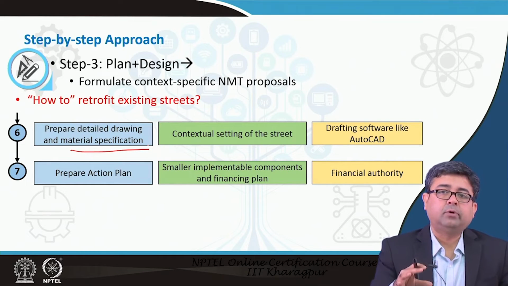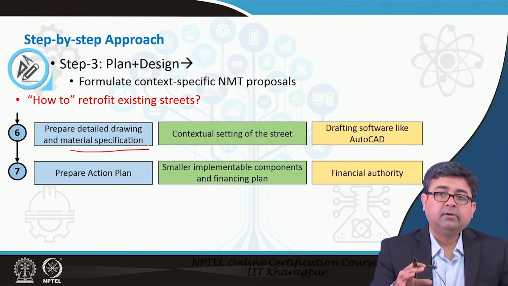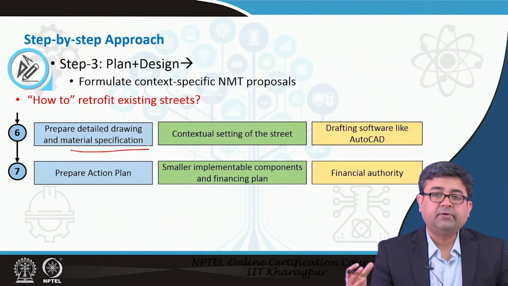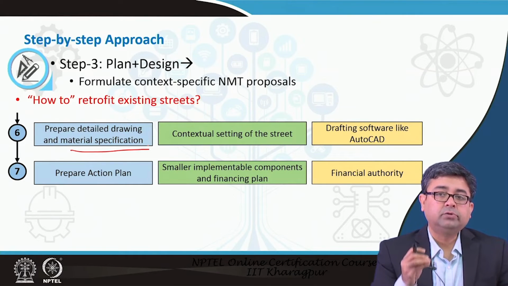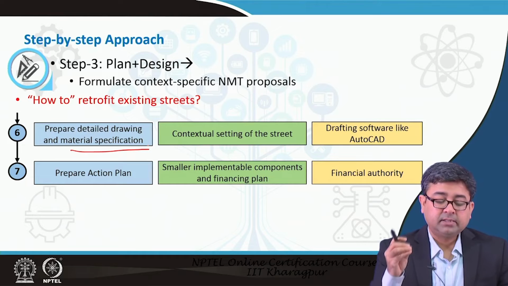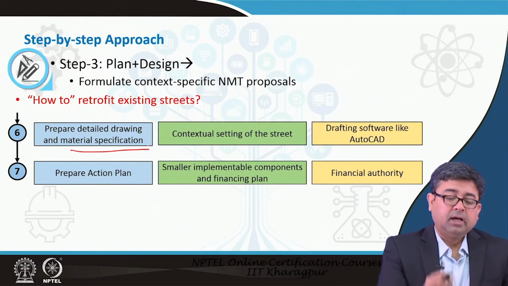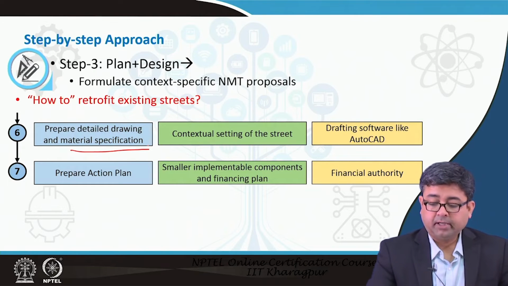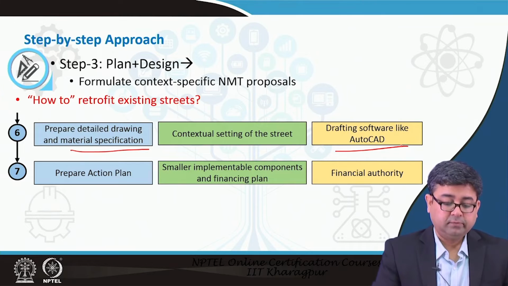Bicyclists are more likely to favor a surface that is similar to where the motorized vehicles travel, whereas pedestrians may want a different type of surface to walk on. So, what kind of material you will use to build these facilities is something that you have to detail out while you are developing your drawing, right. So, you have to have knowledge about AutoCAD and so on and so forth.